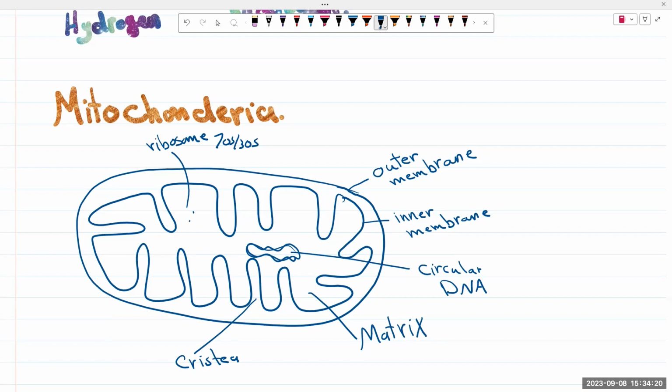Is it clear? In such an organelle, aerobic respiration takes place. Parts of the aerobic respiration take place in the matrix, and parts of that reaction take place on the membrane of the cristae. You got my point?